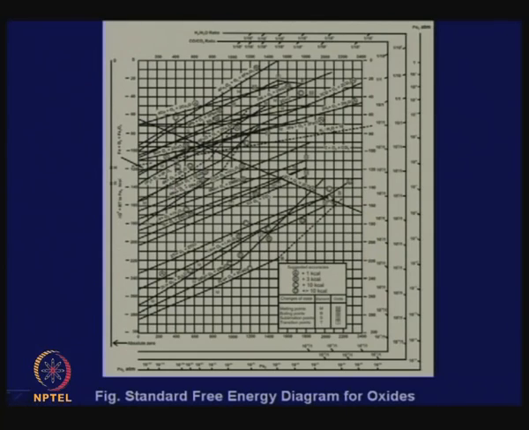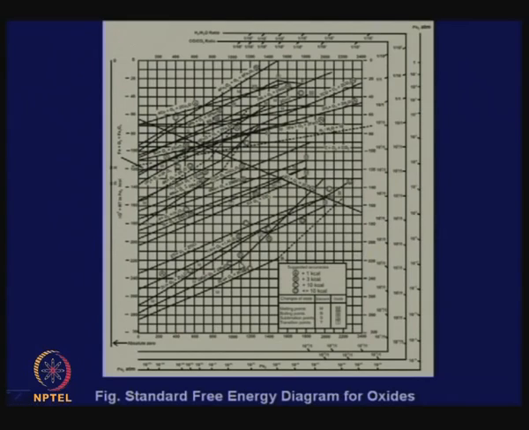Now, this of course is a very, very important observation and absolutely the most important thing in process metallurgy, and I will come to that in a minute. You will find there are some lines which suddenly go up, meaning they change their slope, come here, then change their slope.